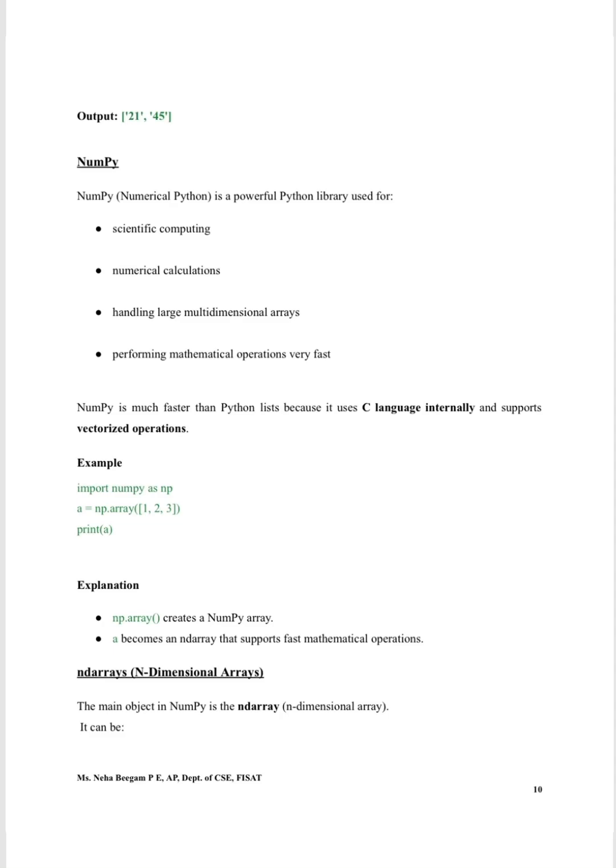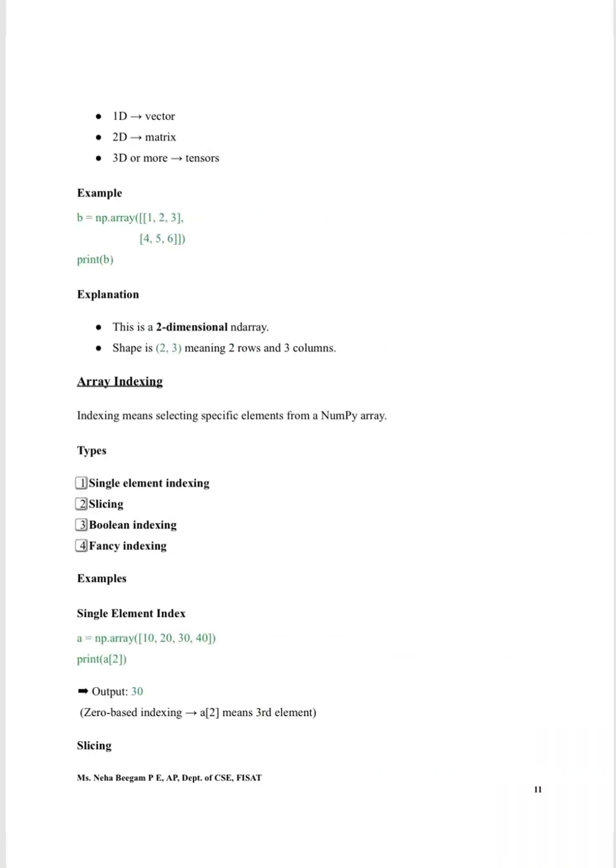Next, we are going to discuss the ndarray, or n-dimensional array. An ndarray is a multi-dimensional array. It can be a one-dimensional vector, a two-dimensional matrix, a three-dimensional image tensor, and 4D, 5D we use in deep learning or databases.